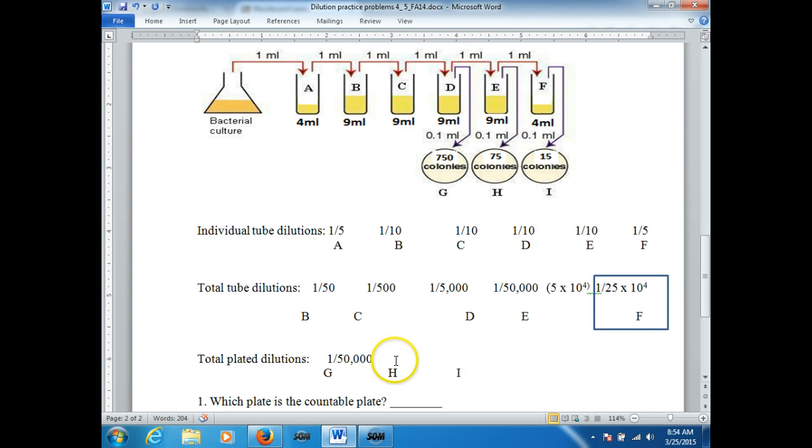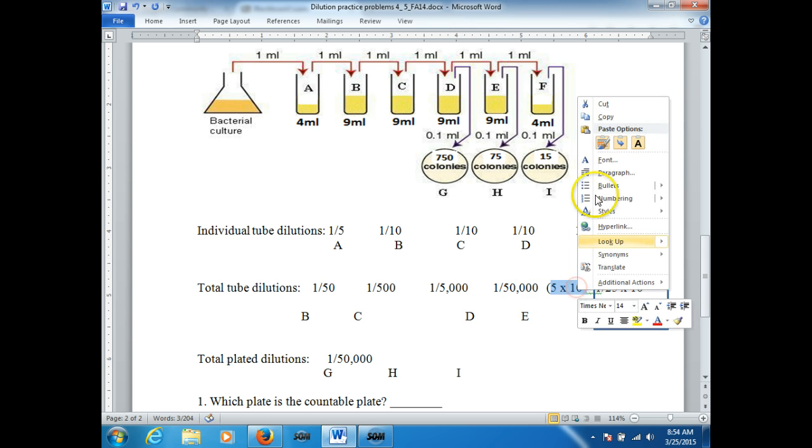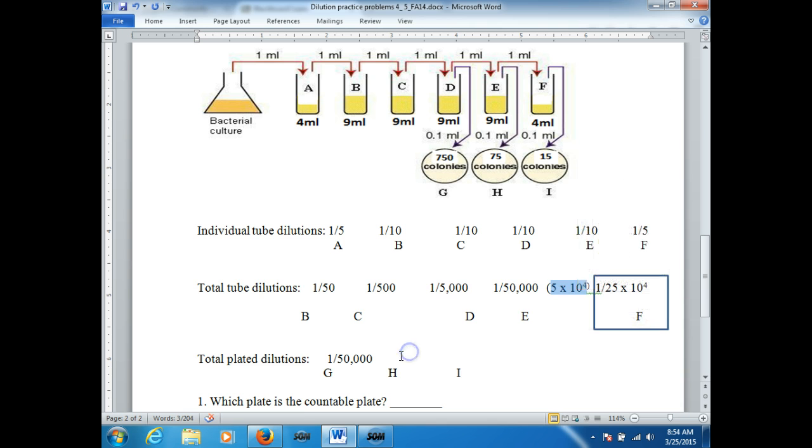Okay. So for the next one, H came from E. E is 50,000, right? But it's going to be 500,000. And I'm going to have it in exponent form. So this is to the 5th.